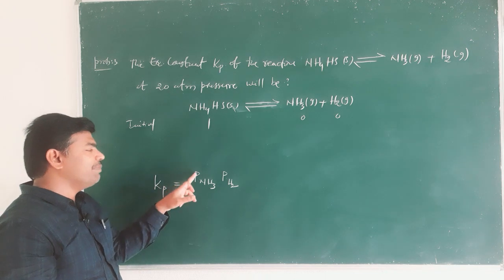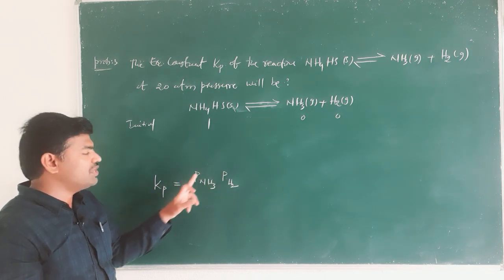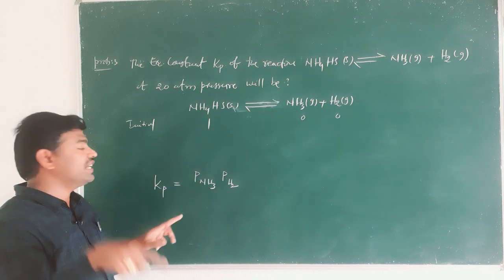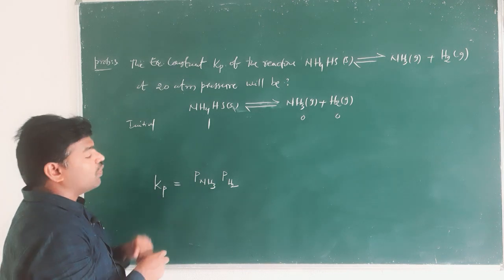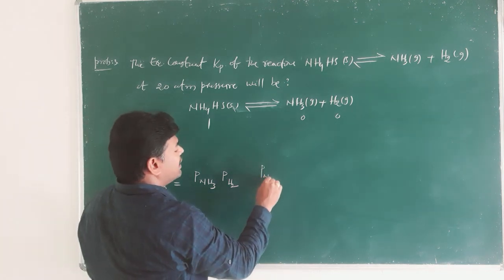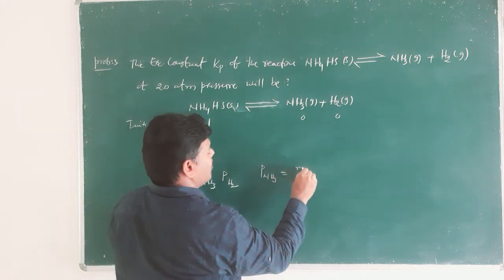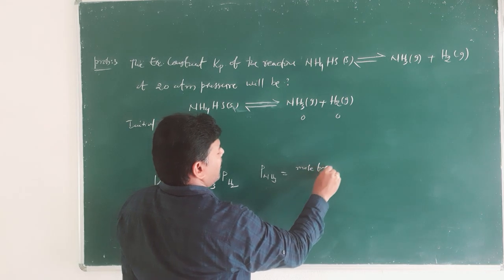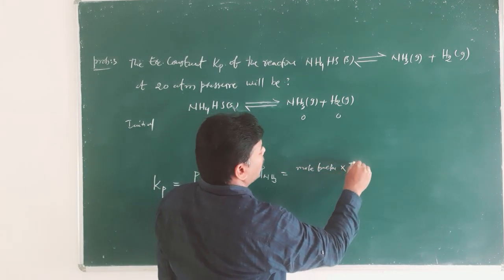By calculating the partial pressures of NH3 and H2S and substituting in this equation, we can get the Kp value. The partial pressure of NH3 is equal to the mole fraction of NH3 into the total pressure.